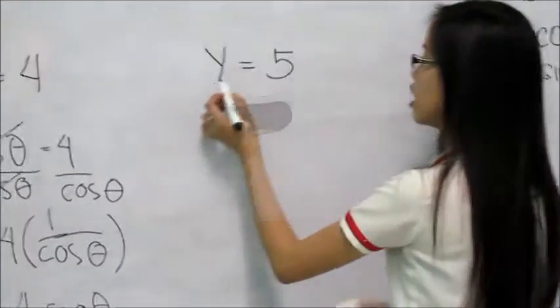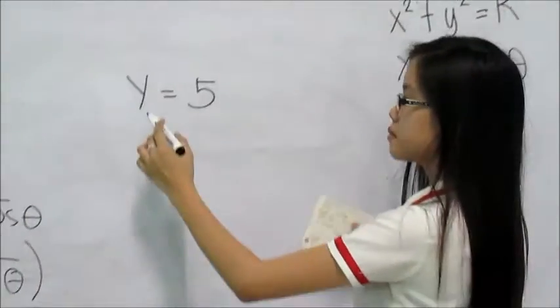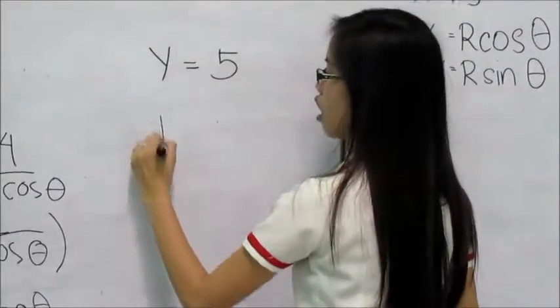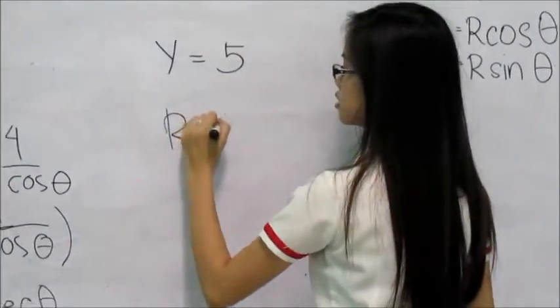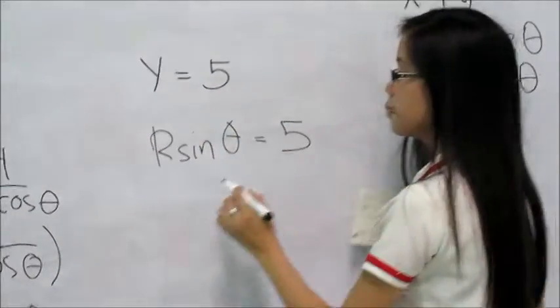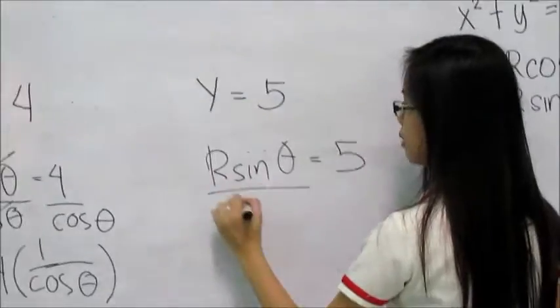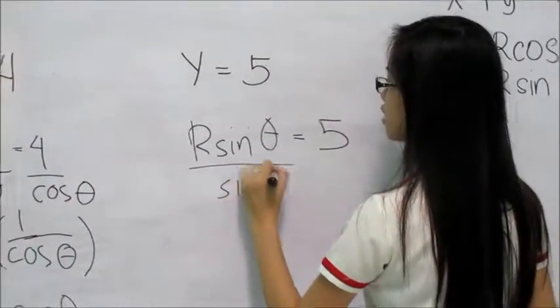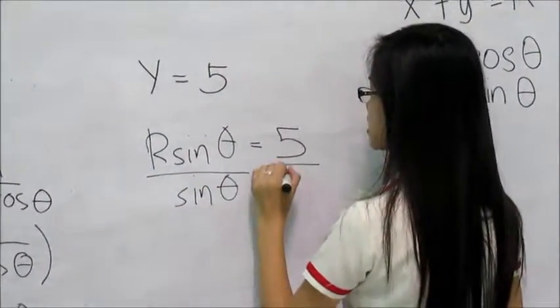Another example is y is equal to 5. We substitute y into r sine theta is equal to 5. The same process, we divide both sides by sine theta to cancel.